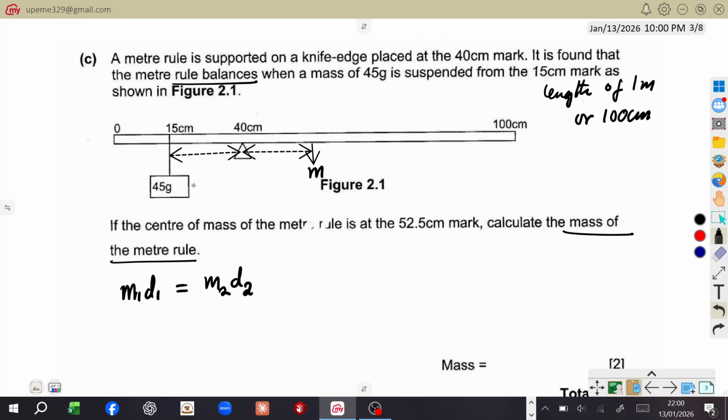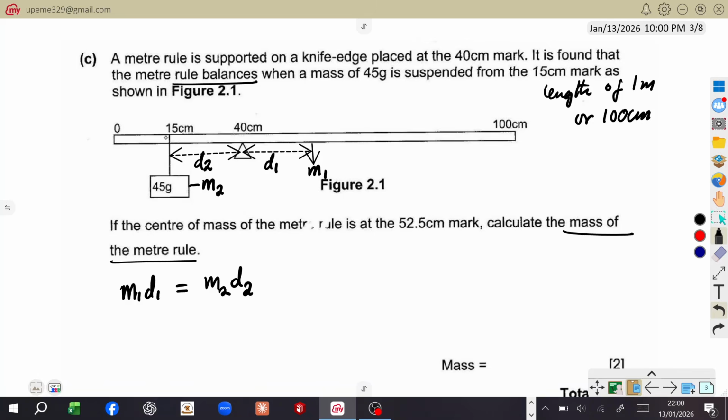So this guy will be mass 2, its distance here will be distance 2. Then this mass of the ruler will be mass 1, its distance from the pivot will be d1. So what have I done? Okay, so this one will be d1, then this mass here will be mass 1. All right, so now we need to know what will be the distance from the pivot to here.